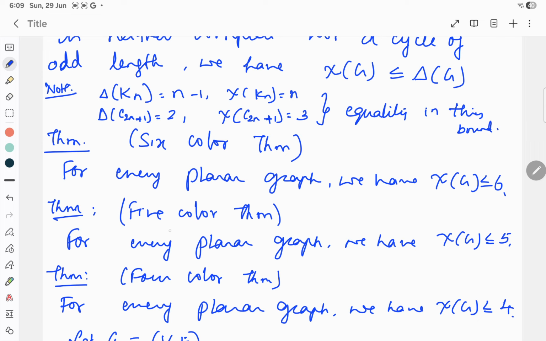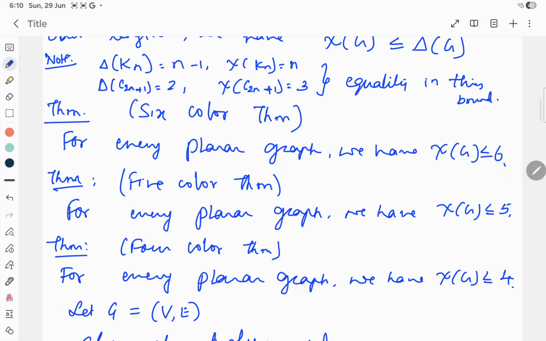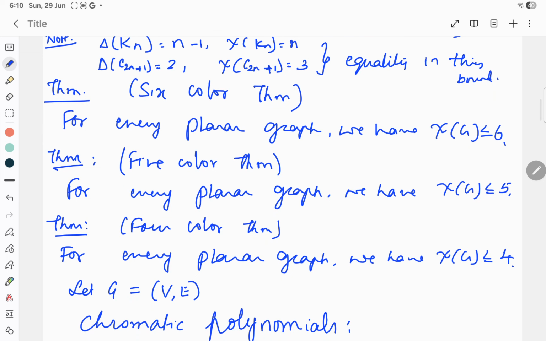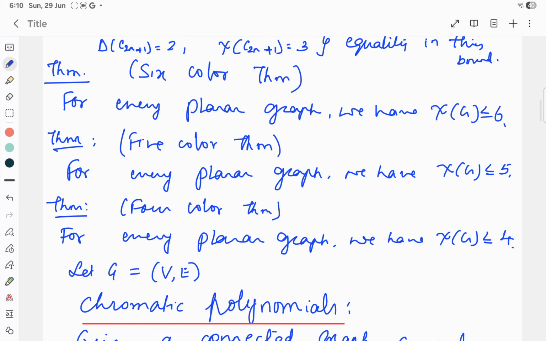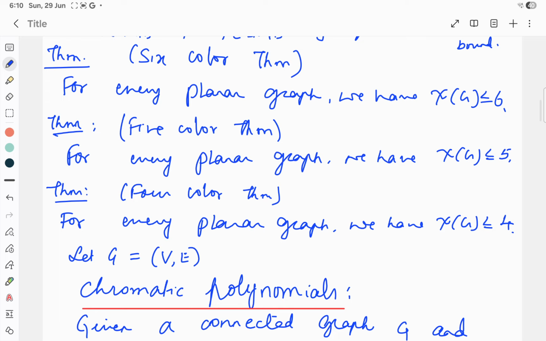Later it was proved that every planar graph can be colored with at most 5 colors, one less than the previous one. So it is called the 5 color theorem. Later, using a computer, it was proved that for every planar graph the chromatic number of G is less than or equal to 4. So these are the 6 color theorem, 5 color theorem and 4 color theorem.